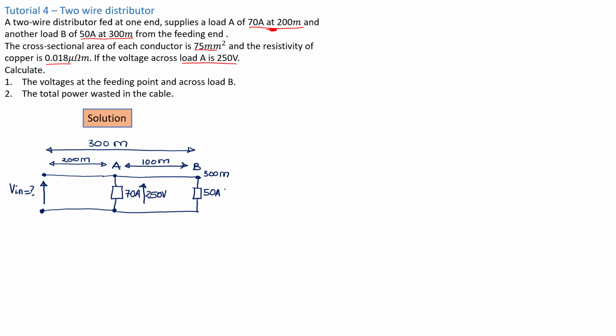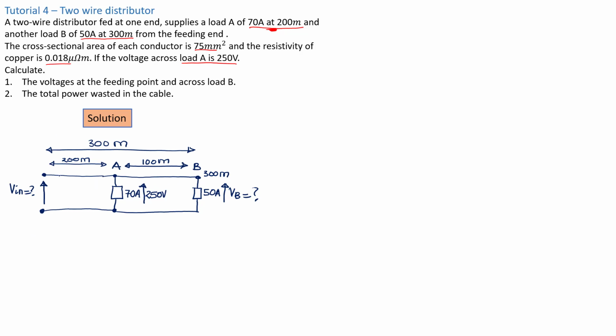So we do not know what the voltage at this point is. So we don't know what VB is. VB is unknown, right? And V in is also unknown, but we know what VA is. It is 250 volt. So now we've got some cable parameters here, which means we can calculate the resistance along the cable.